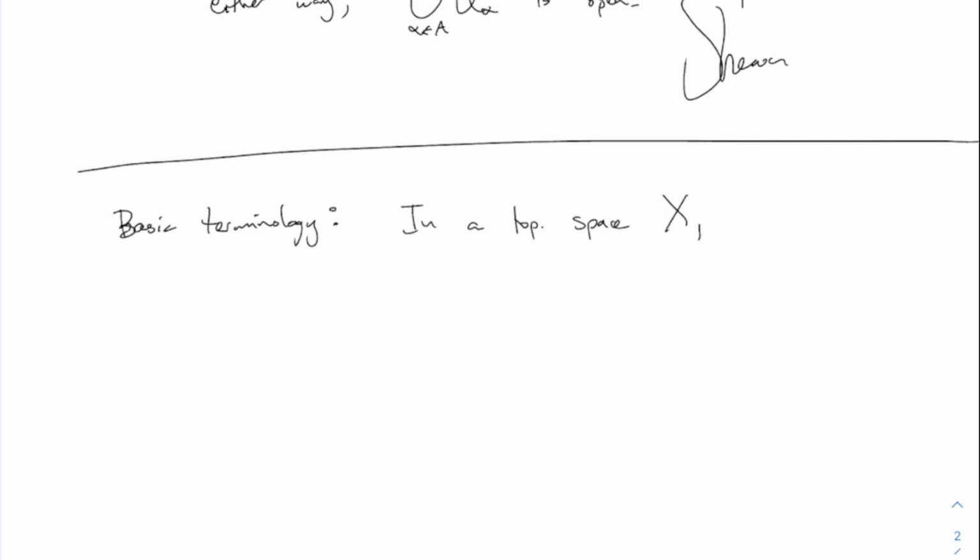So when I say, let X be a topological space, you should imagine X is something like R with intervals as the open sets, but it could be something else. In a topological space X, with some point little x in big X, there is such a thing as a neighborhood of that point. Now, in real analysis, a neighborhood usually means a very small epsilon neighborhood, but it doesn't always mean that in this case.